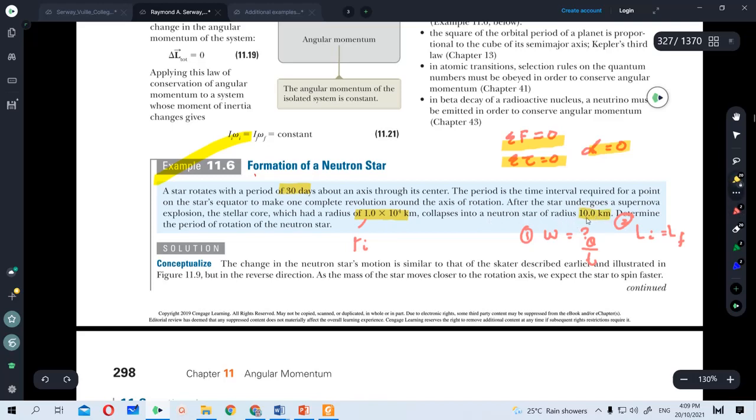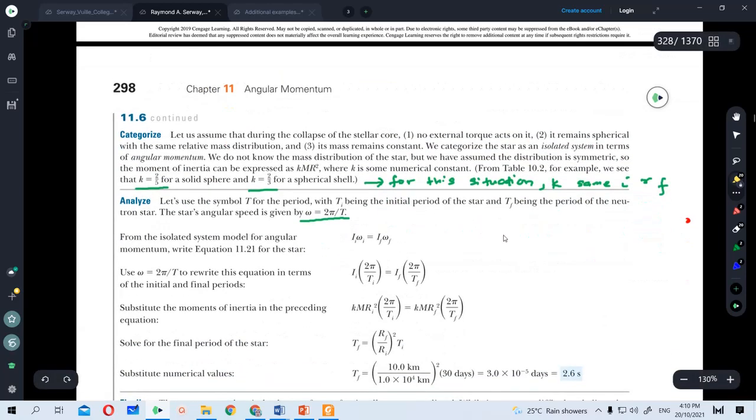So neutron star kan 10 kilometers sahaja. So they want you to find the new period for this neutron star. Now, it's interesting to find that when we start discussing which expression of I should we use, okay? Should we use solid sphere or should it be a shell, spherical shell?